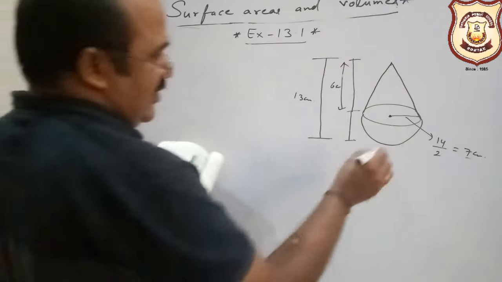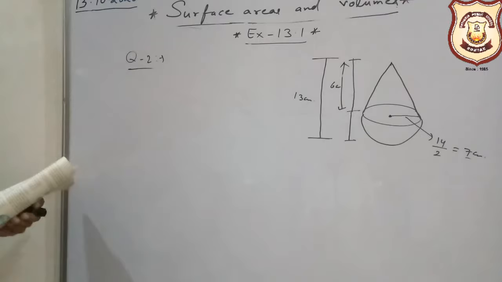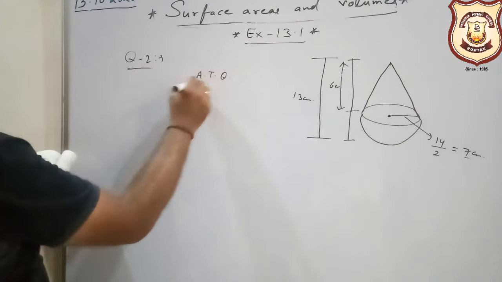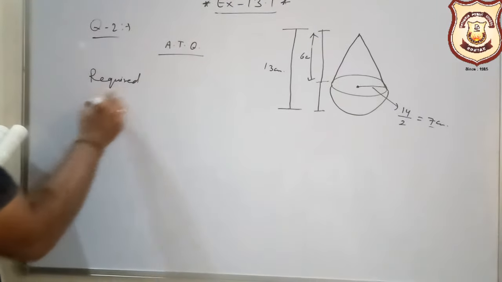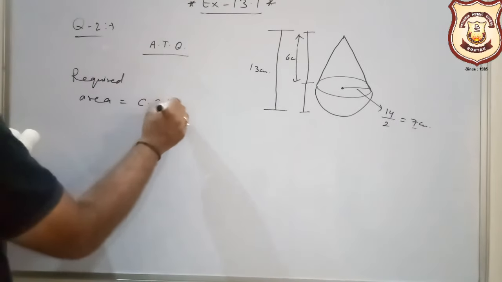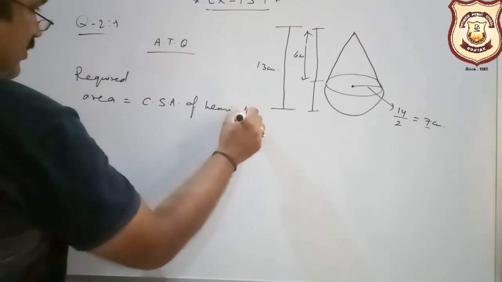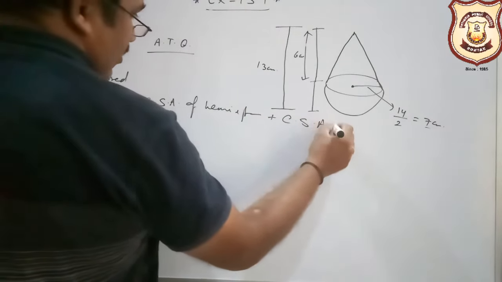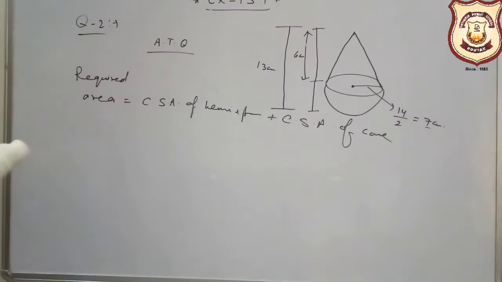Now we have all the values, and they are asking to find the inner surface area. So start: according to the question, required area is equal to CSA of hemisphere plus CSA of cone.